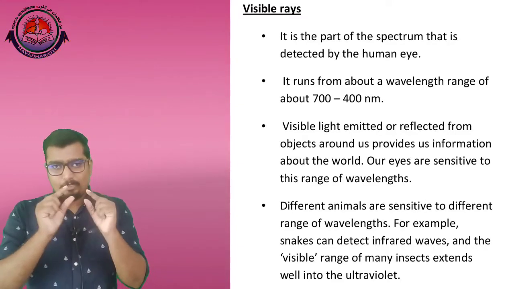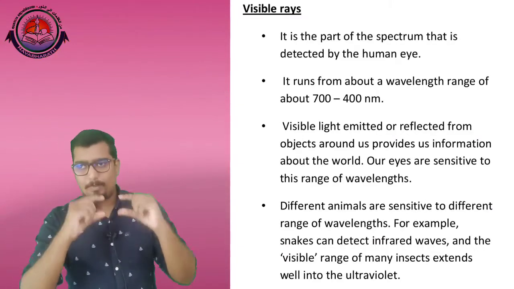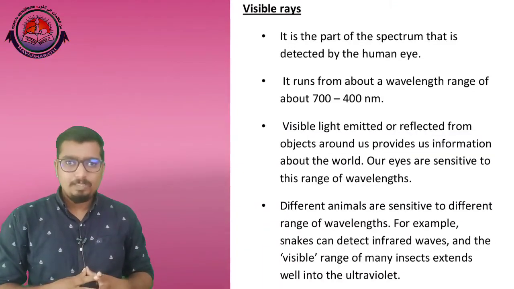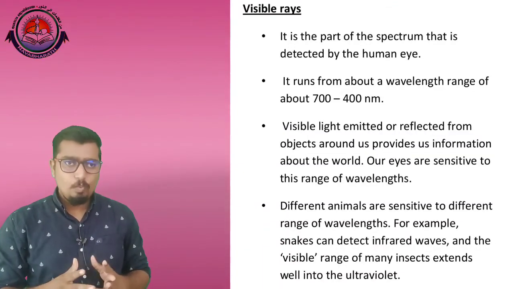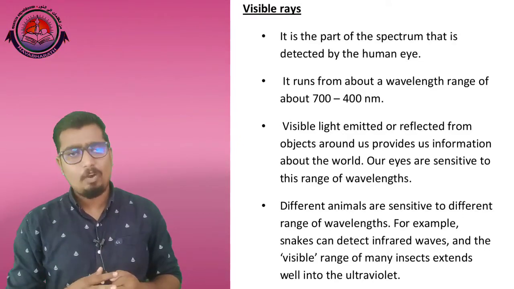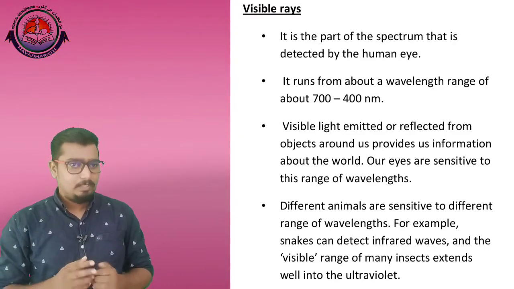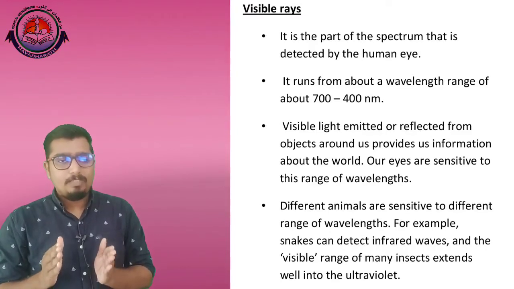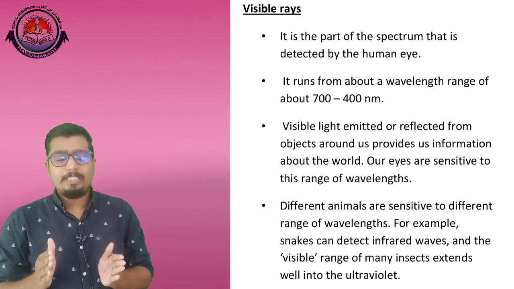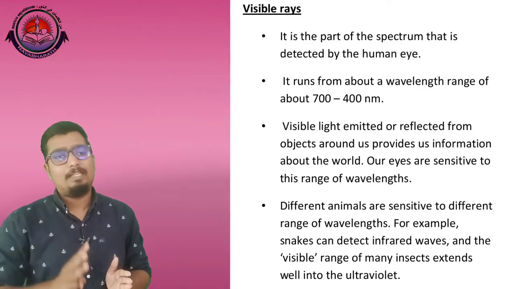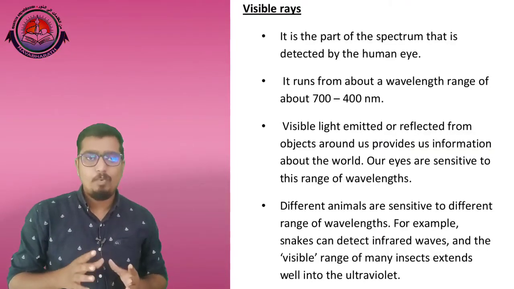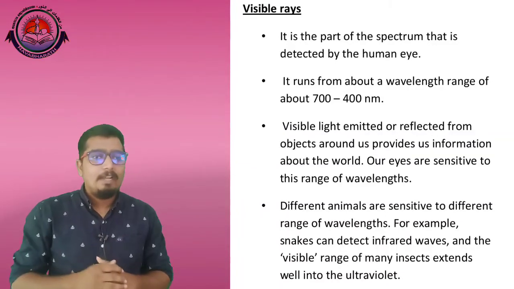In the visible ray spectrum, 7 colors are arranged, that is VIBGYO: violet, indigo, blue, green, yellow, orange, red.